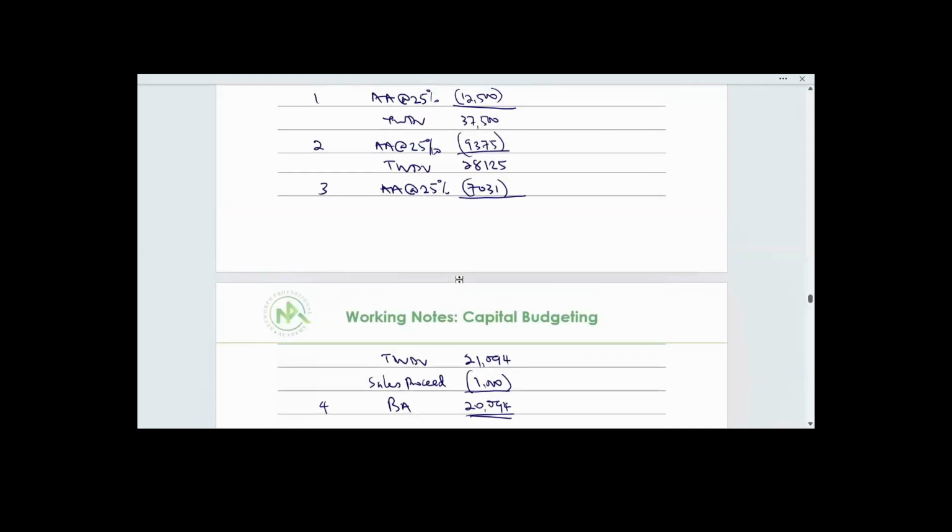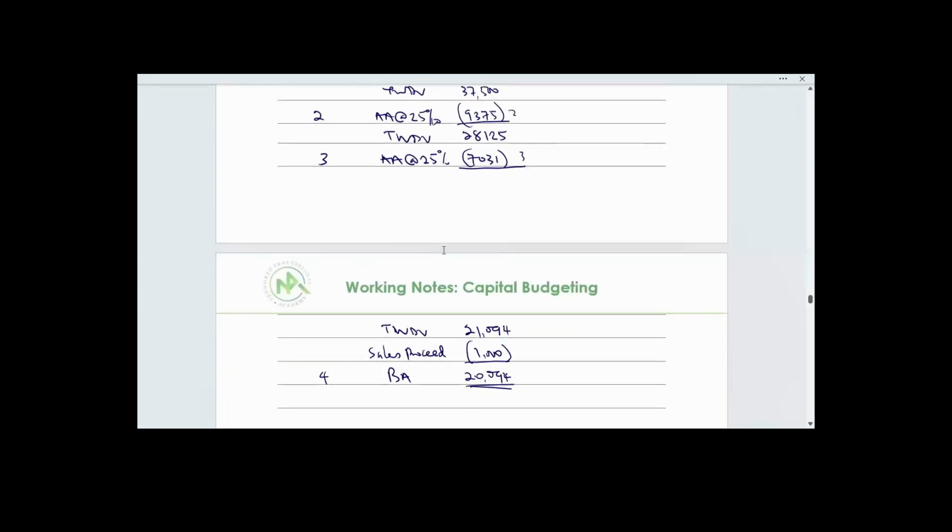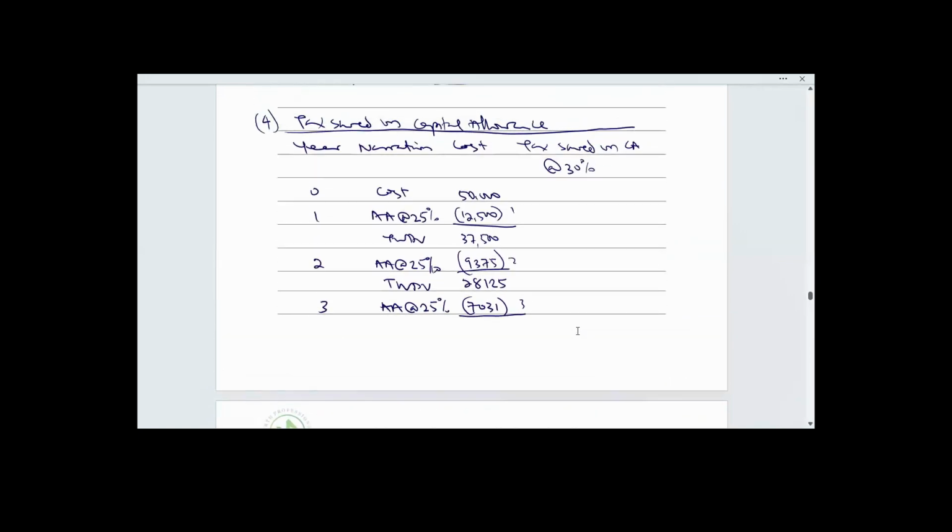Therefore, that's that. Now, these are the capital allowances. What we have calculated so far, this one, this, and then the fourth one, the balancing charge, they are all capital allowances for the respective years. Therefore, if I want to reduce my tax liability using capital allowance, these are the numbers that I'm going to use. If I want to use tax saved on capital allowance, I will need to calculate my tax saved.